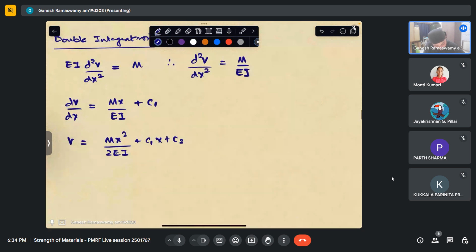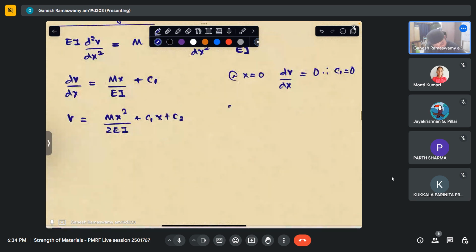Now at x equal to 0, my slope, that is dv by dx, is 0. So therefore C1 is 0. At x equal to 0, v is also 0 by virtue of that being a fixed end.